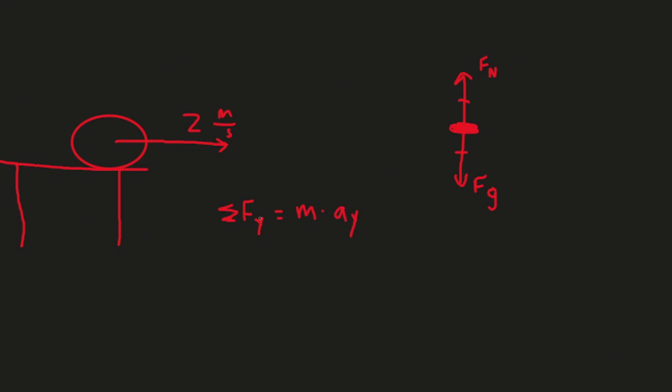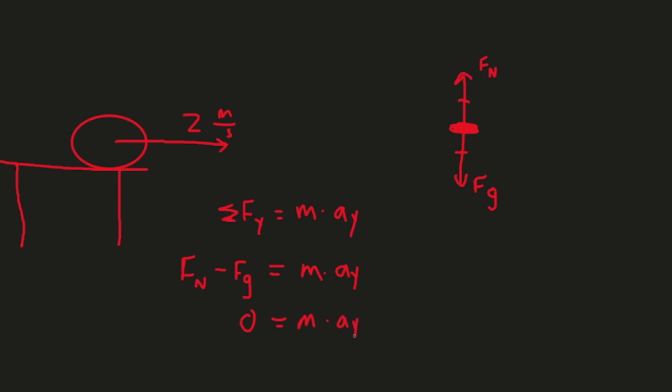If we use Newton's equation, the sum of forces in the y direction equals mass times acceleration in the y direction. The sum of forces in this case would be F sub n minus F sub g, since they're in opposite directions, and we usually use up as positive and down as negative, equals mass times acceleration in the y direction. We know that these are equal, so that would be 0 equals mass times acceleration.